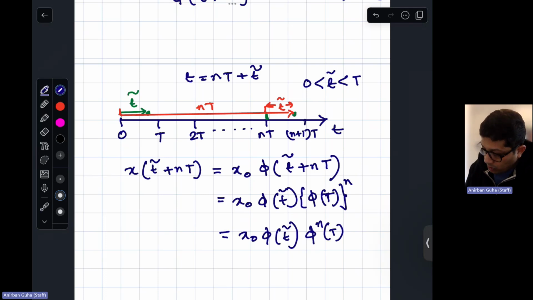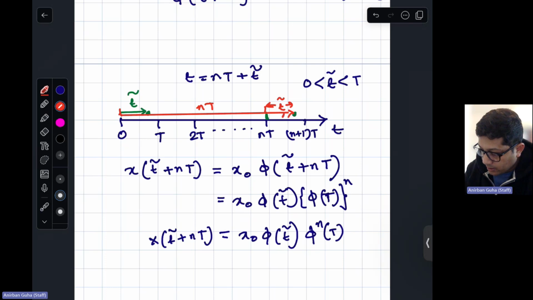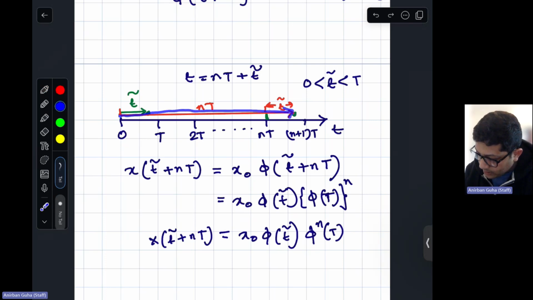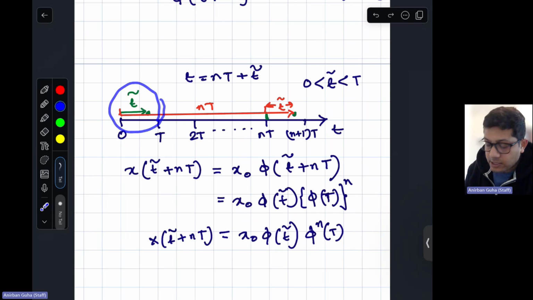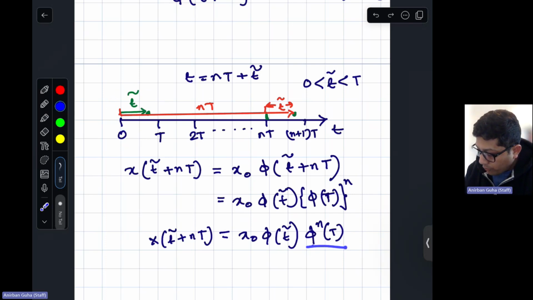So x at a time so much in the future, which is here where the red ends, you can know everything up to this time by just studying what happens between the first time period and the knowledge of phi of capital T.